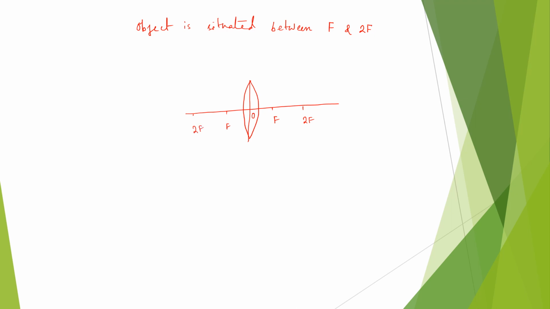Now, with the object between F and 2F, the light ray which is parallel to the principal axis will pass through the focus, and the light ray which passes through the optical center will not show any deviation, will pass. So where these two light rays intersect, we will get the image of the object.